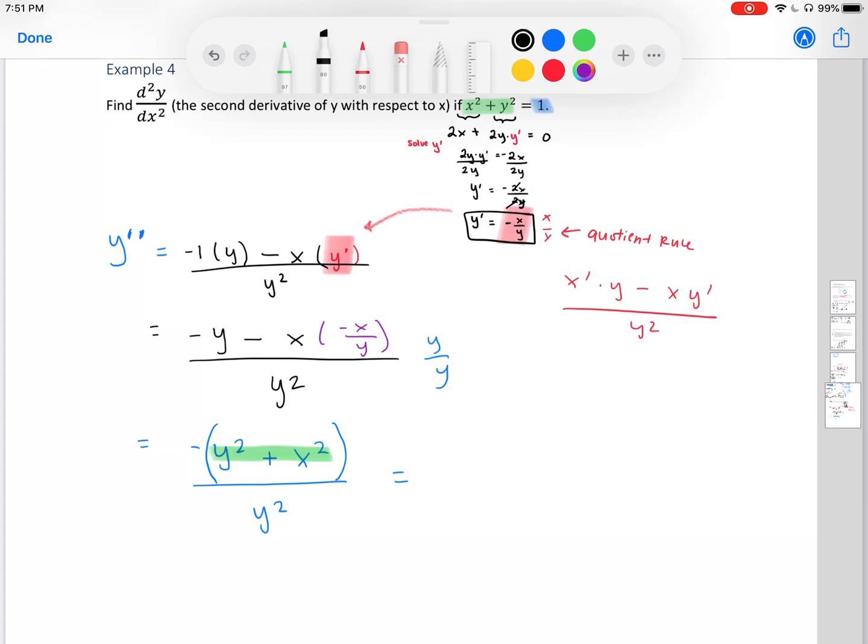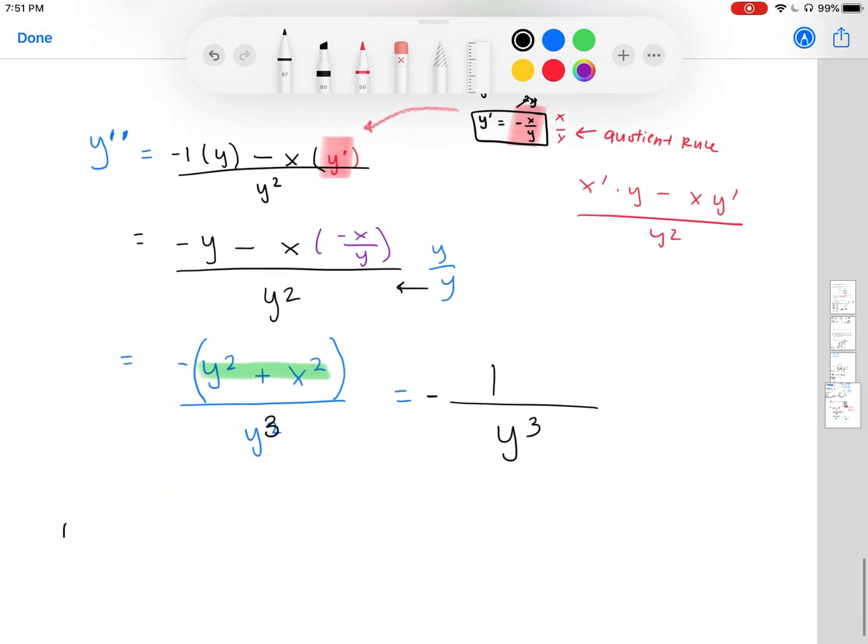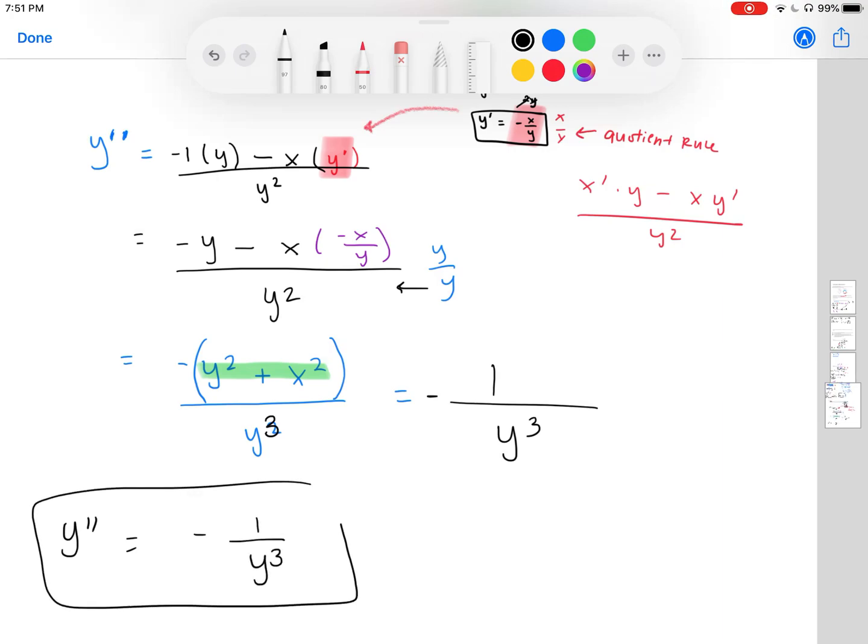So that we have 1 divided by, oh, we're supposed to multiply these y's, so that's y cubed. And don't forget that negative in the front. So our y double prime, or our double derivative, is negative 1 over y cubed. And there you have it.